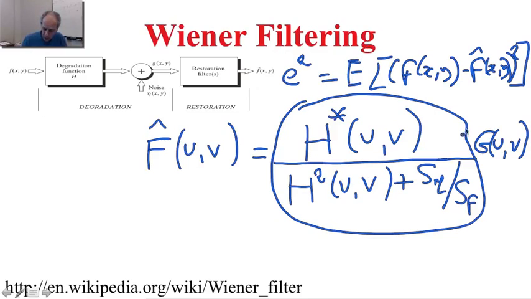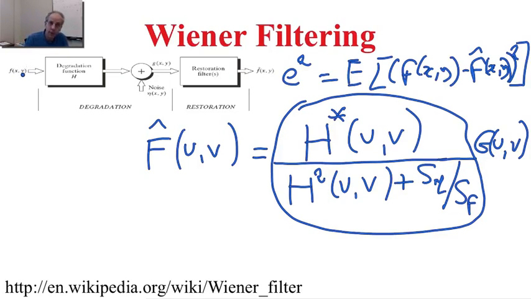So let's just explain this expression again. Here is once again the complex conjugate of the Fourier response of the degradation filter. Here is basically the magnitude squared, nothing else than that. And here, as I say, this is the power spectrum of the noise and the power spectrum of your original signal or the signal class. The power spectrum is basically the magnitude of the Fourier transform of the correlation function.